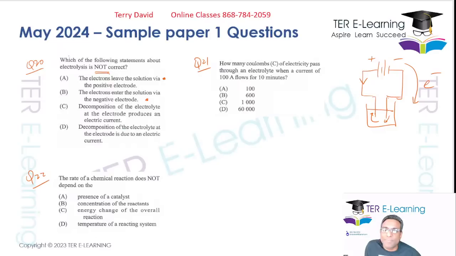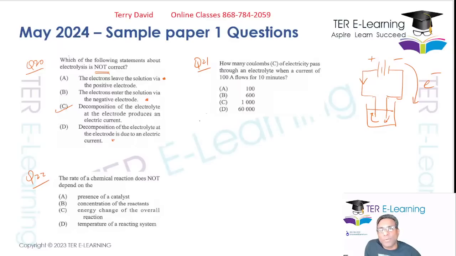Let's think about that. Decomposition of the electrolyte at the electrode is due to the electric current. This is true, so this statement does not make sense. C is the answer for question 20.